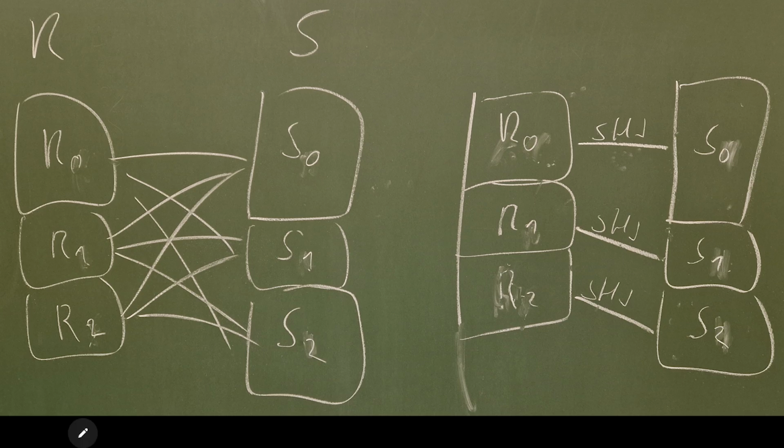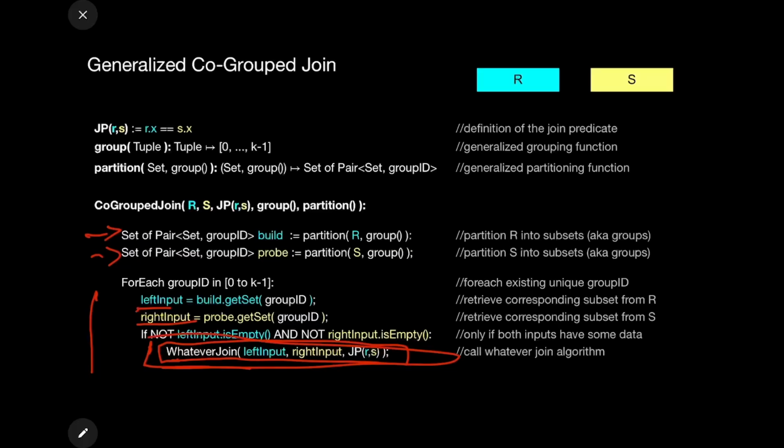So once you did that, you load R, partition it, write out the partitions, you load S, partition it, write out the partitions of S. But then, in the second phase, you can run a join partition by partition. And all these results are then sent to the output and produce a final join result. That's generalized co-grouping.